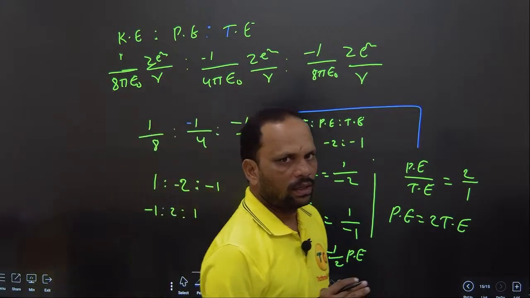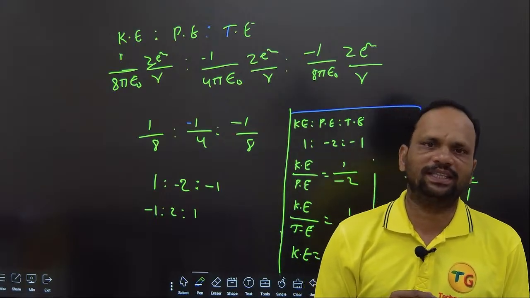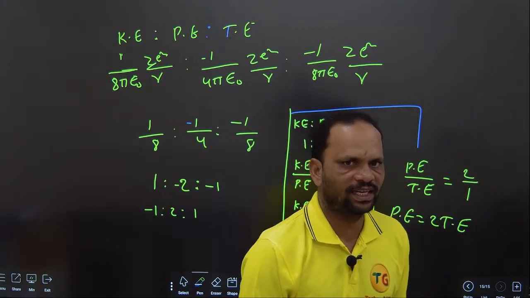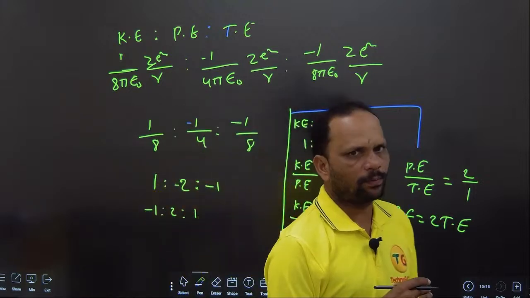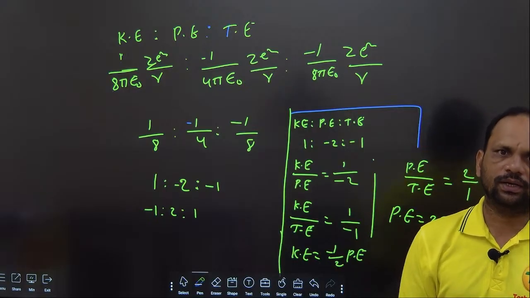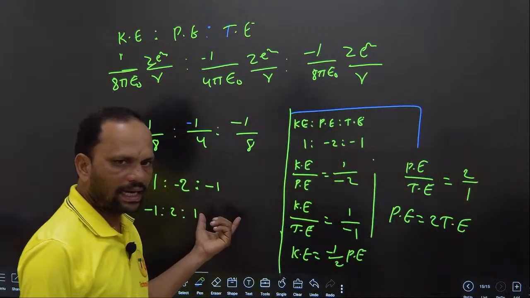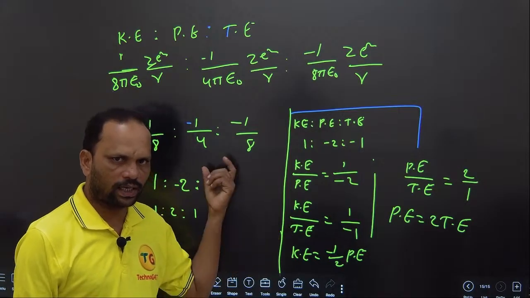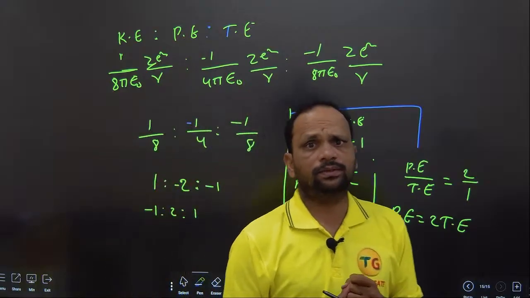Radius R is directly proportional to n square by Z, or 0.53 n square by Z after substituting the constants. Velocity is directly proportional to Z by n. Potential energy is minus 1 by 4 pi epsilon into Z e square by R, kinetic energy is 1 by 8 pi epsilon into Z e square by R, and total energy is minus 1 by 8 pi epsilon into Z e square by R.